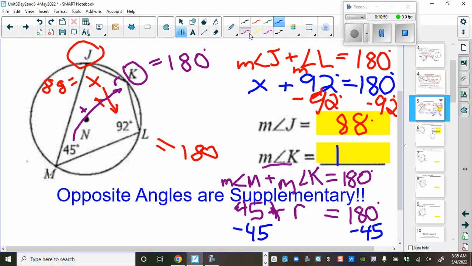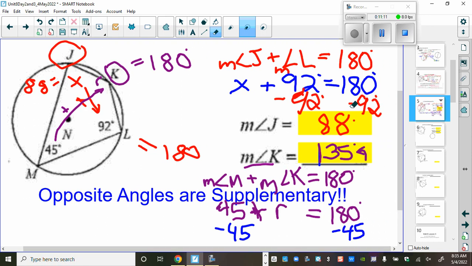That's it. 135. Here, 180 minus 45 is 135.